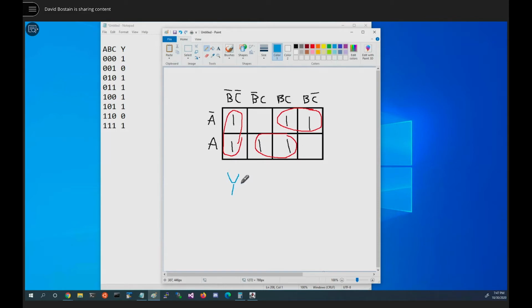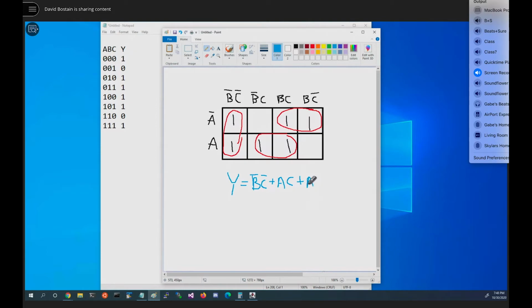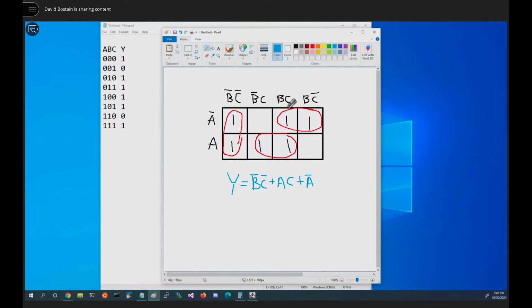The answer for this would be Y is equal to the name of the first column, which is not B, not C. These guys are going to have an A in their name because they're on that row. And then what doesn't change? Well, C doesn't change, so C is in their name. Or up here, we're in the not A row, and B doesn't change. So we quickly have an equation for that.